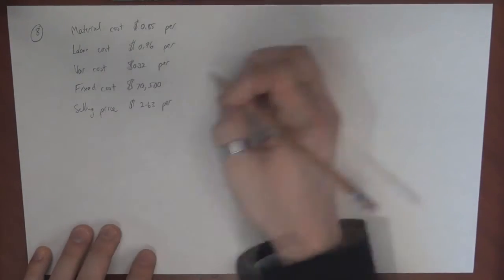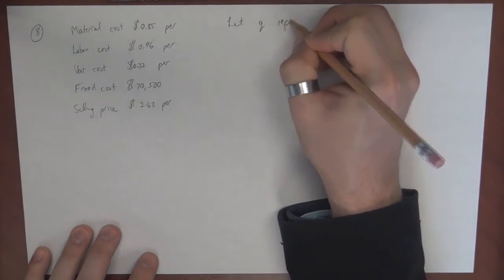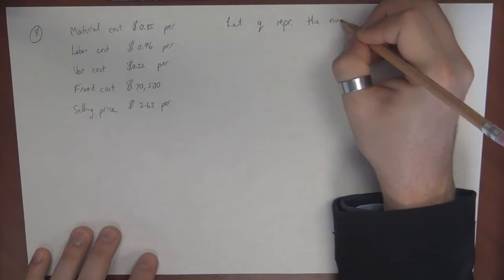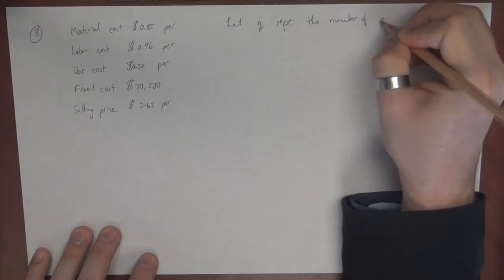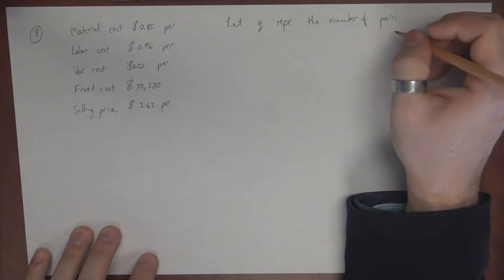So now let's say let Q represent the number of pairs that should be sold.